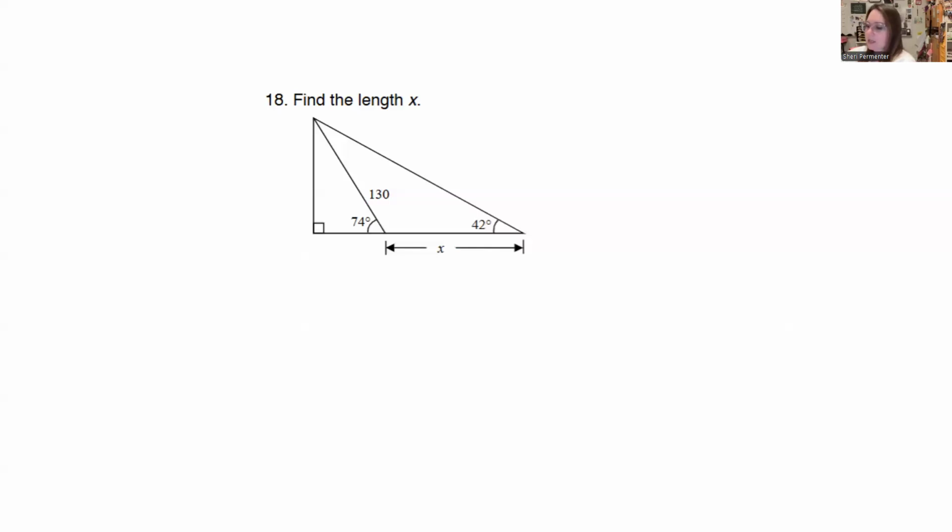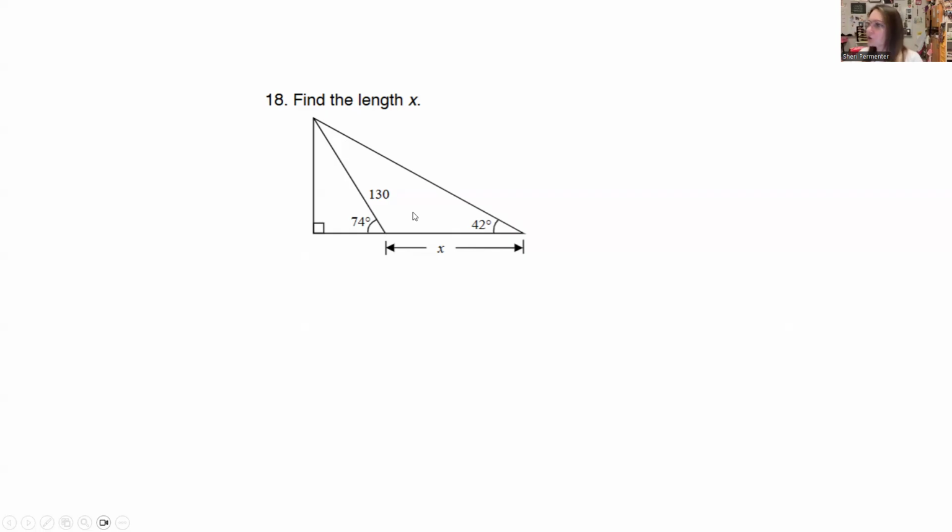Next, find the length x. So this is question 18. Find length x. When I'm looking here at length x, this is the side length for this triangle, right? It's this bigger triangle. Is this bigger triangle a right triangle?